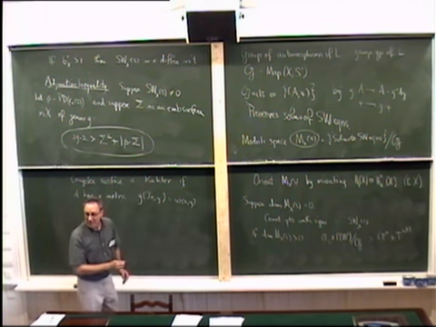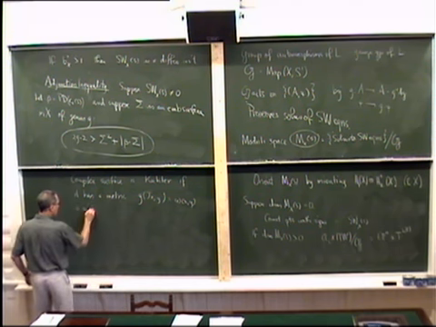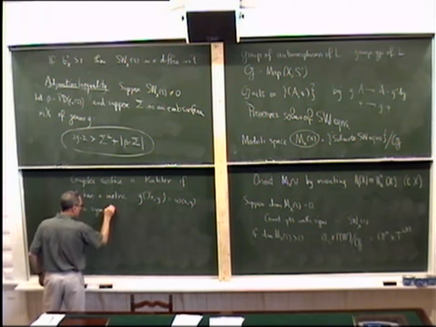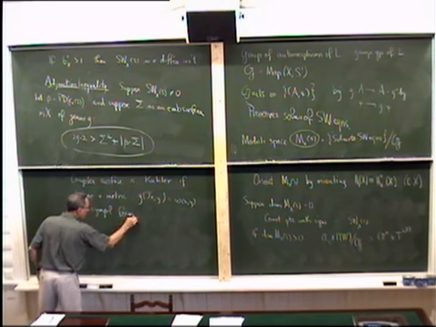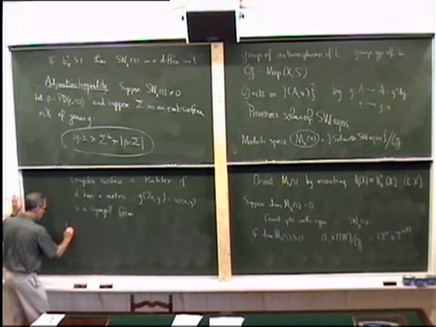Did I say that right? So it turns out that every simply connected complex surface has a Kähler structure.